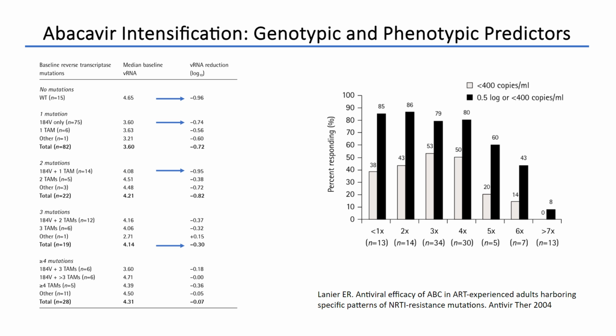It should be noted, however, that these data are based on virological response at week 4, while the tenofovir data shown on the previous slide were based on virological response data at week 24.